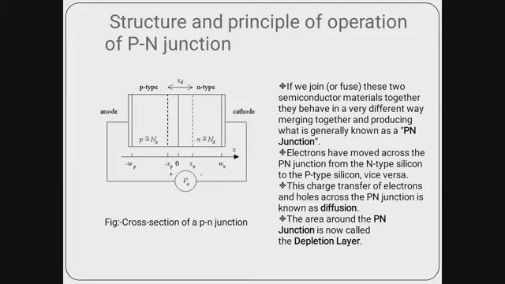This process continues back and forth until the number of electrons which have crossed the junction have a large enough electrical charge to repel or prevent any more charge carriers from crossing over the junction.